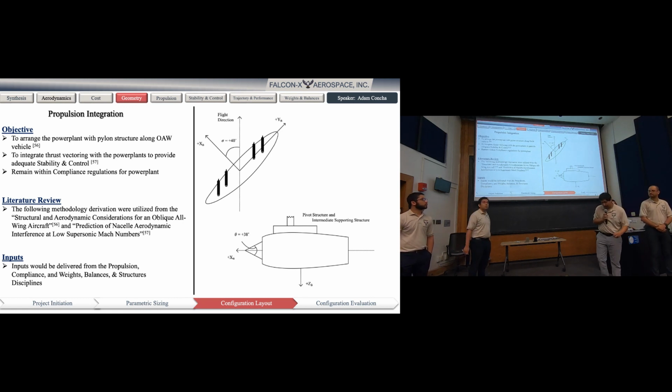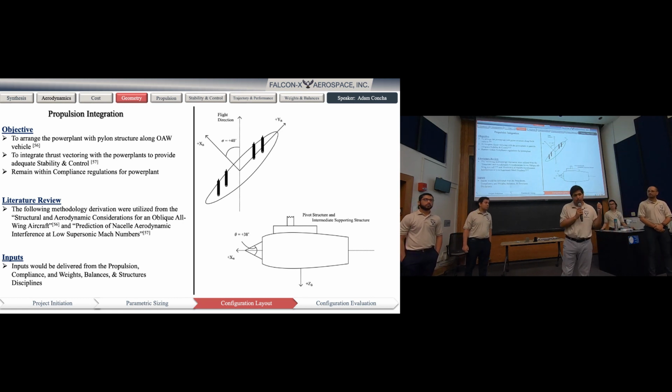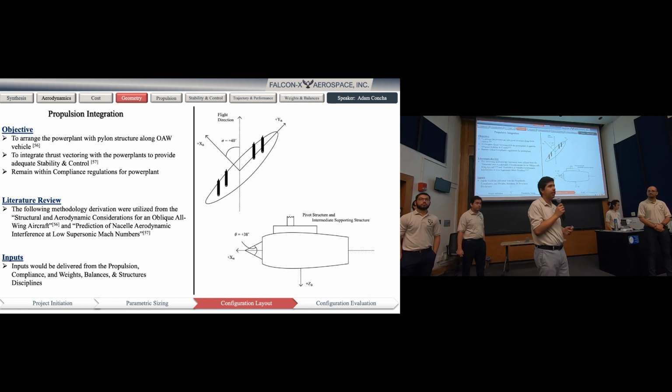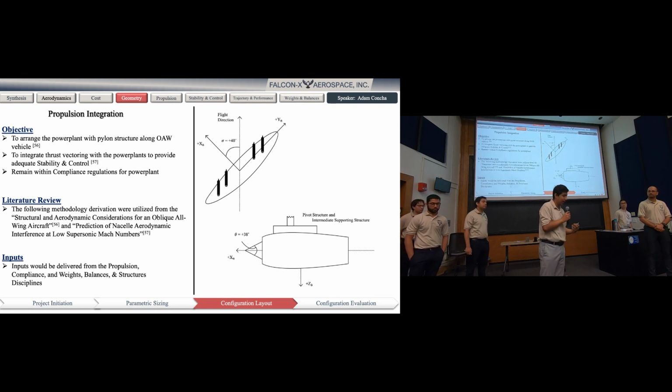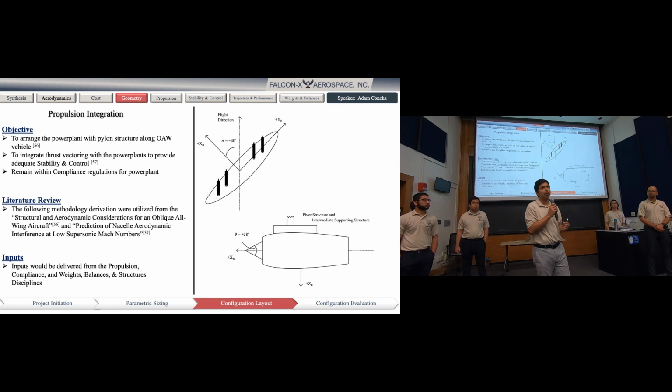So to piggyback off of that, the propulsion integration for geometry would need to be a multidisciplinary integration that incorporates inlets, weights and balances, and the propulsion discipline in order to determine the span-wise and chord-wise placement of the pivot structure that the engine would be pivoting about during slew condition, cruise condition, things like that.